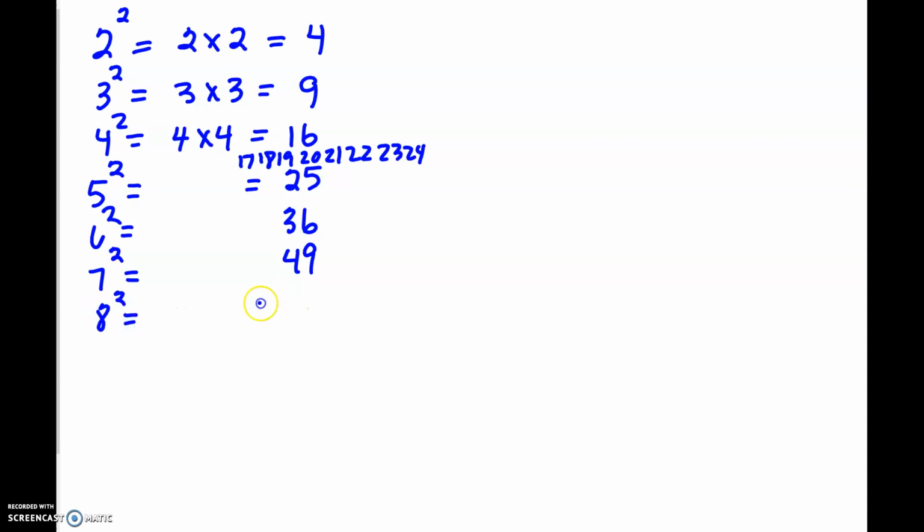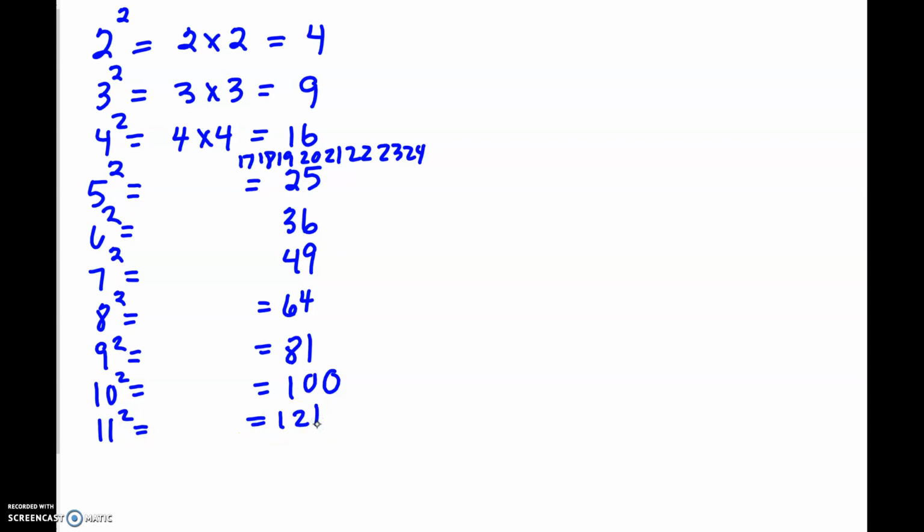So 8 squared is 64. 9 squared is 81. 10 squared is 10 times 10, which is 100. 11 squared is 121. 12 squared is 144. 13 squared is 169.